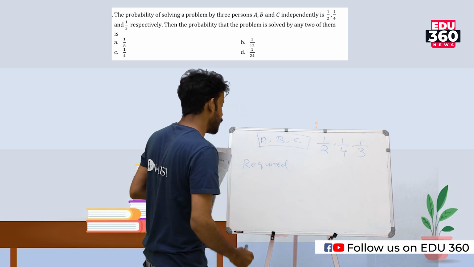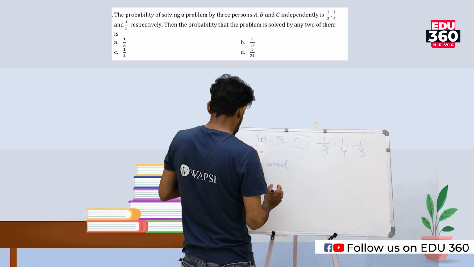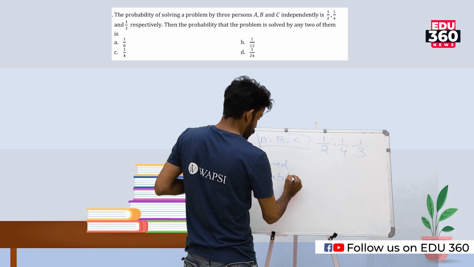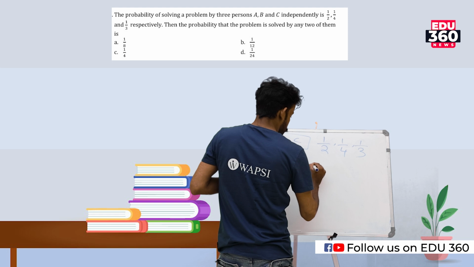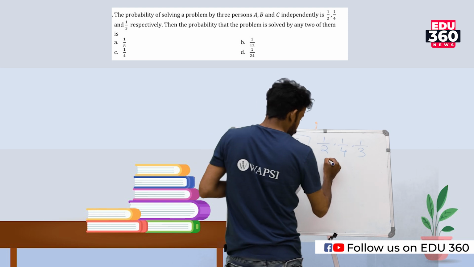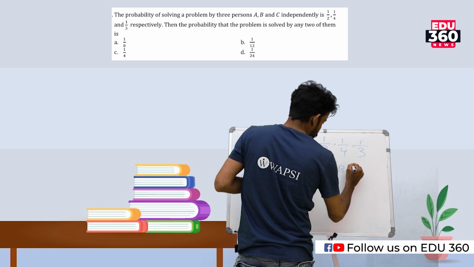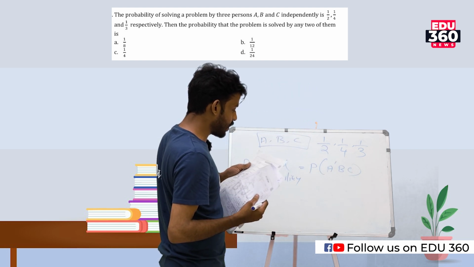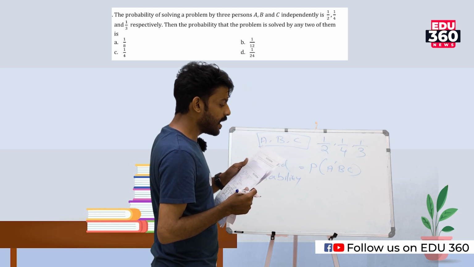we can write the required probability. Required probability, that is equal to P of A dash B C, because in the question itself they are asking for the probability that the problem is solved by any two of them.